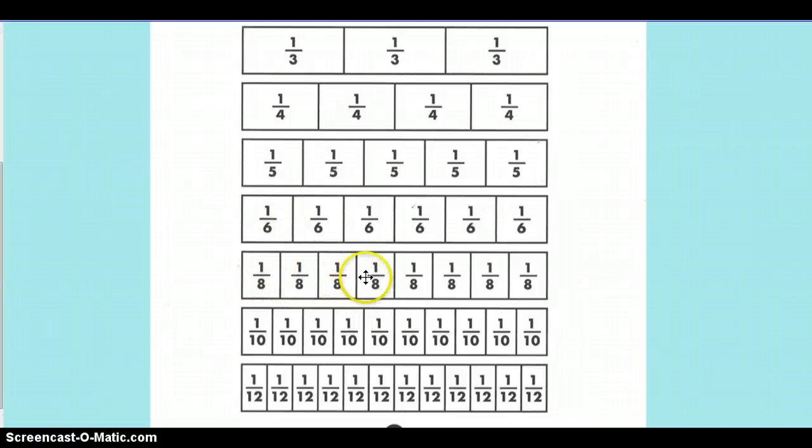Okay, 1, 2, 3, 4, 5, 6, and I'm going to match up. Looks like 3/4. And let's see if the 12s work again. Yes, they do. And 1, 2, 3, 4, 5, 6, 7, 8, 9/12. So 9/12, 3/4, and 6/8. Is that what you got?